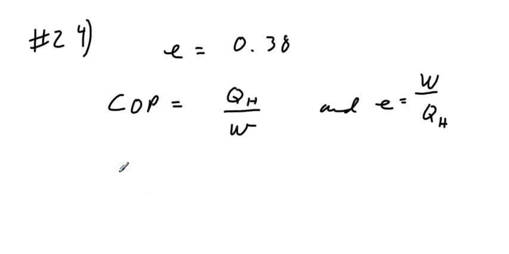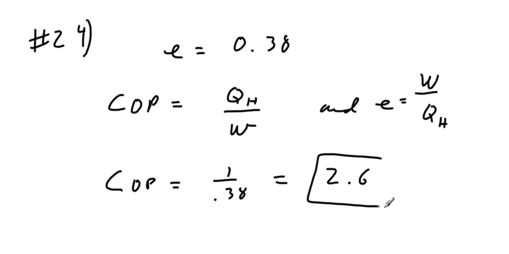So the coefficient of performance is 1 over the efficiency, which comes out to 2.6. So if I had a Carnot engine with an efficiency of 38%, and I could run it backwards, then I would end up with a 2.6.